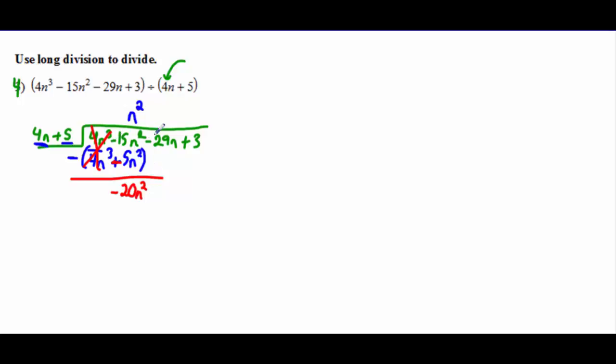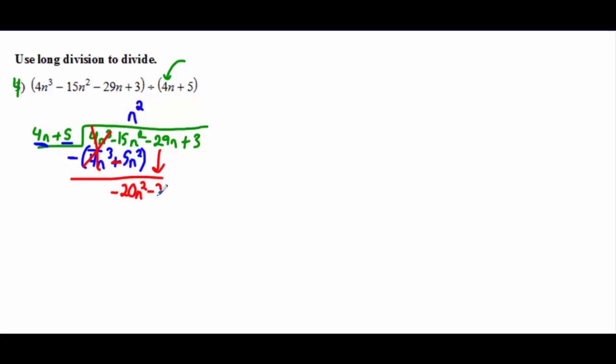The easiest mistake to make is to not change that sign, and that would have given us negative 10n squared, which 4 doesn't go into. If that's what you're facing, then try it with the opposite sign and see if that gives you something that works out. And if it does, then that's probably what your issue was.